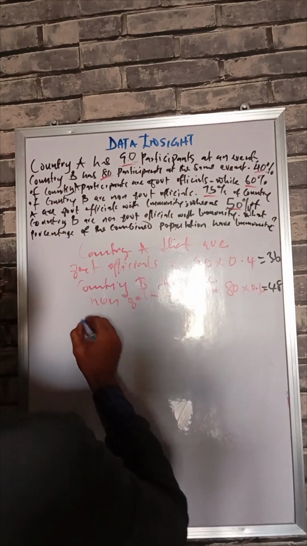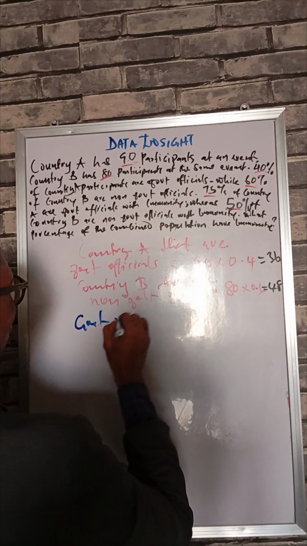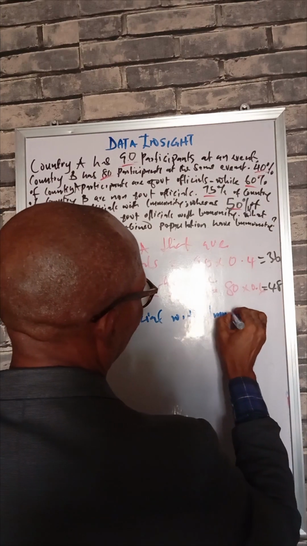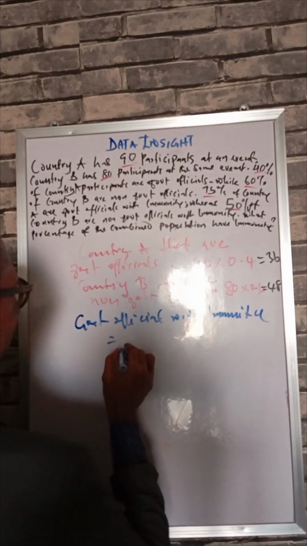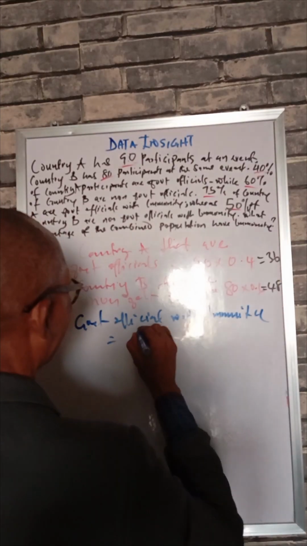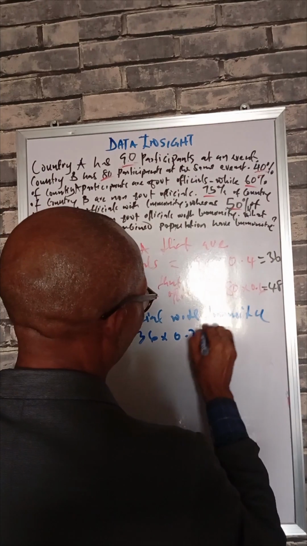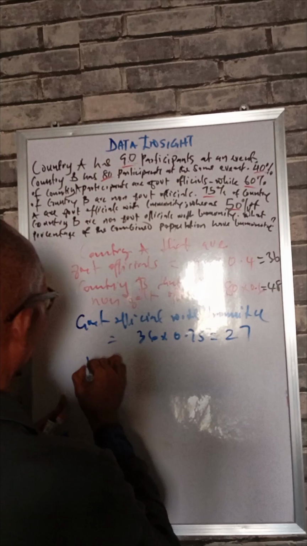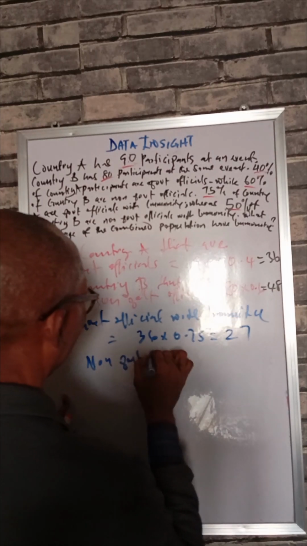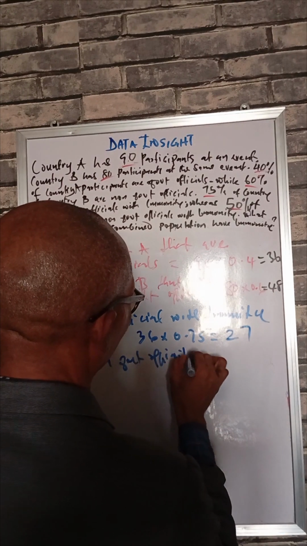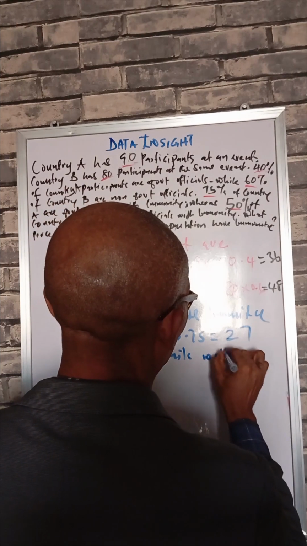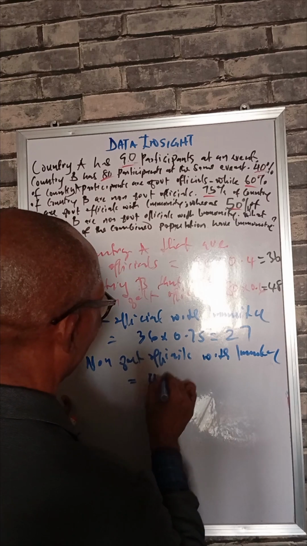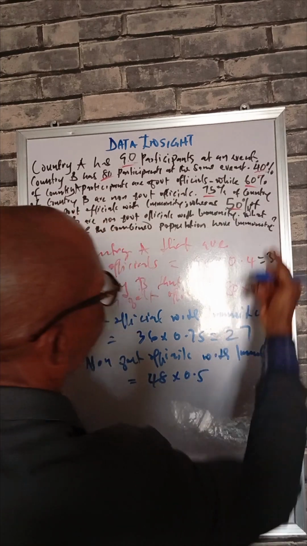So moving further, we say government officials with immunity. That's 36 times 0.75. This gives us 27. Then we go also to say non-government officials with immunity is 48 times 0.5, that is 50%.